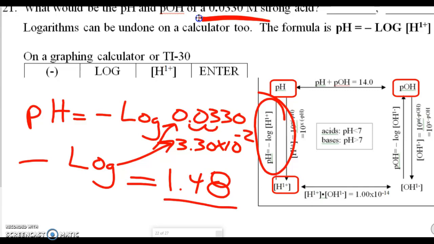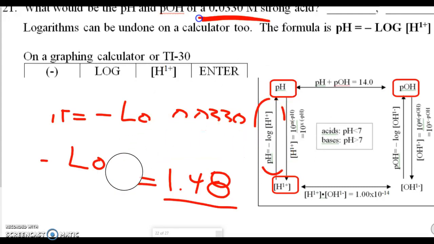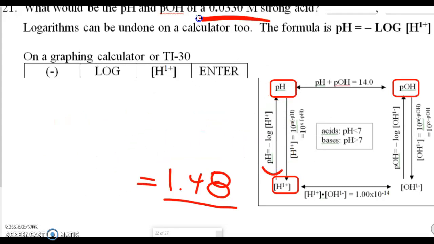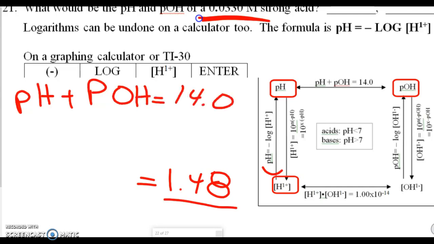Now, with the pH equaling 1.48, we could do some other math. So remember, before we taught pH plus pOH equals 14.0.